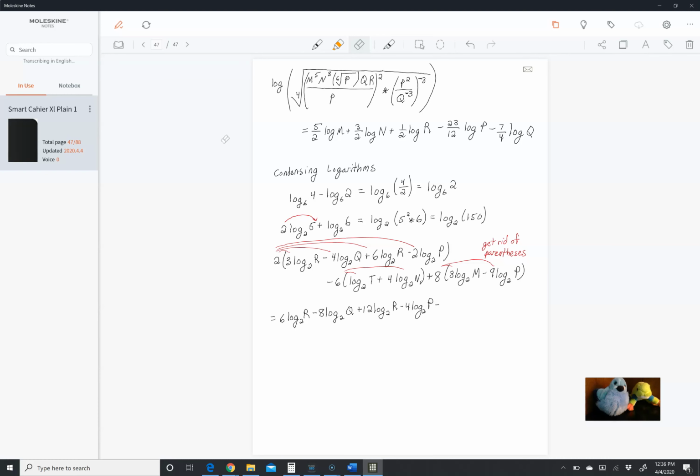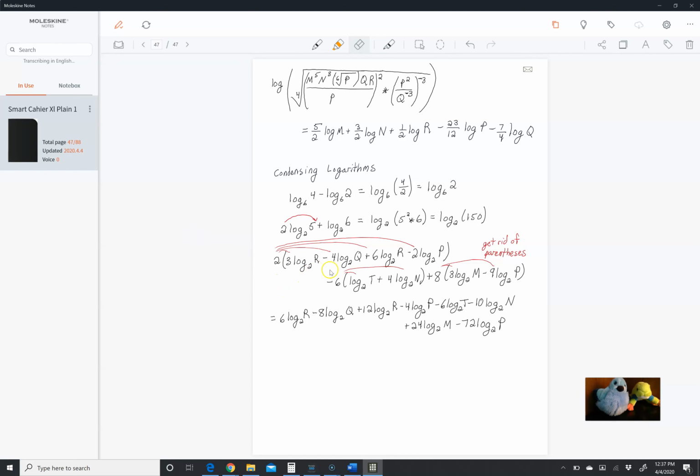And then we have minus 6 log base 2 of t, minus 10 log base 2 of n. Then we have plus 24 log base 2 of m. And then minus 72 log base 2 of p. So we just distributed everything.